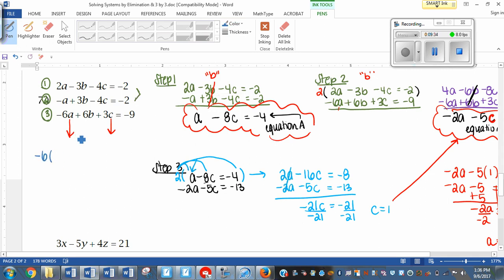We said that A happened to be 4. We don't know what B is, so let's go ahead and leave that a variable. We know C is 1. So everything else in this equation stays the same, except for A and C. And we're going to combine our like terms.